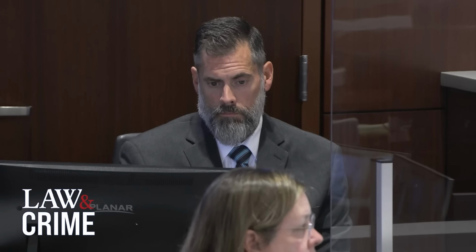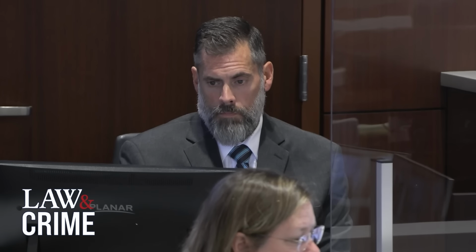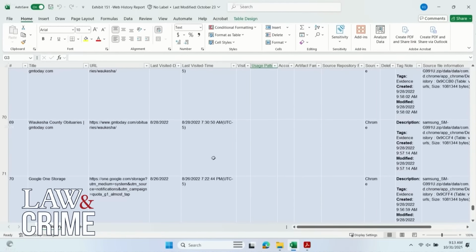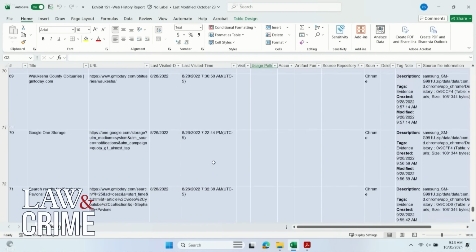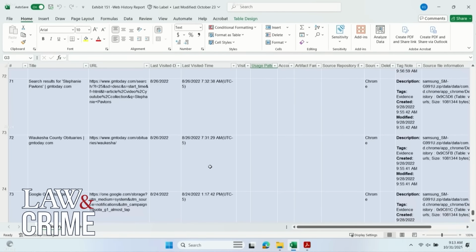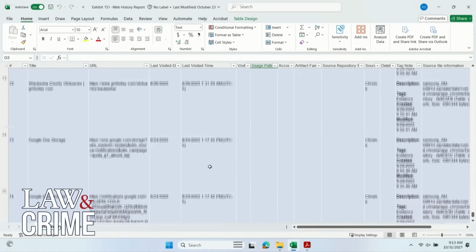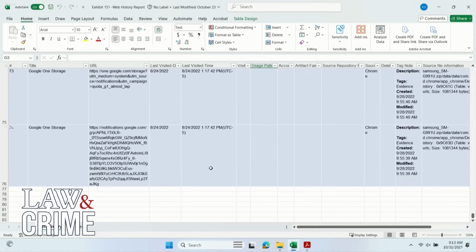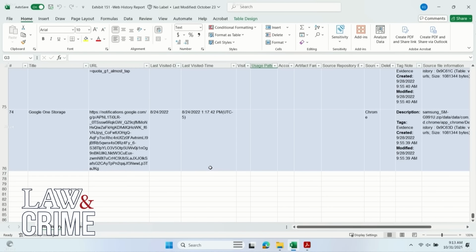August 29th, same search terms. Correct. August 28th, Stephanie Pavlons, obituaries. Correct. August 26th, search for Stephanie Pavlons on line 71, and obituaries. Correct. And then we get to the end, which is August 24th, correct?